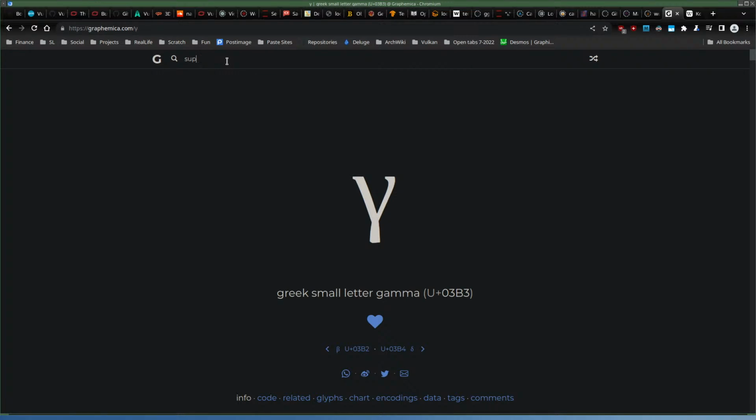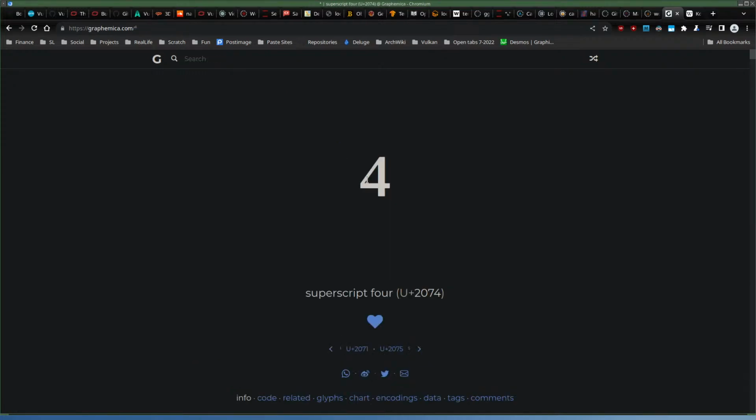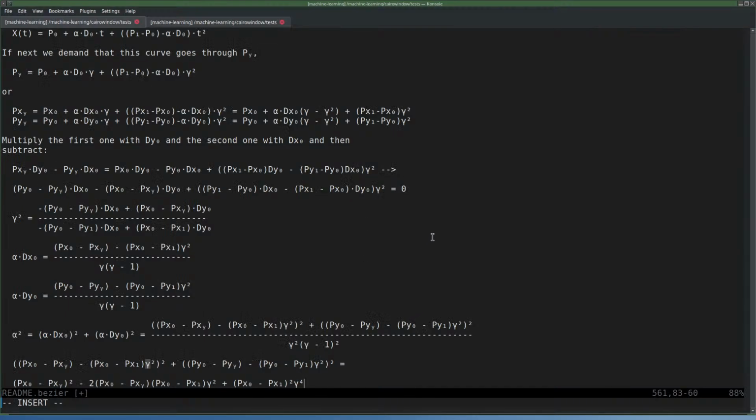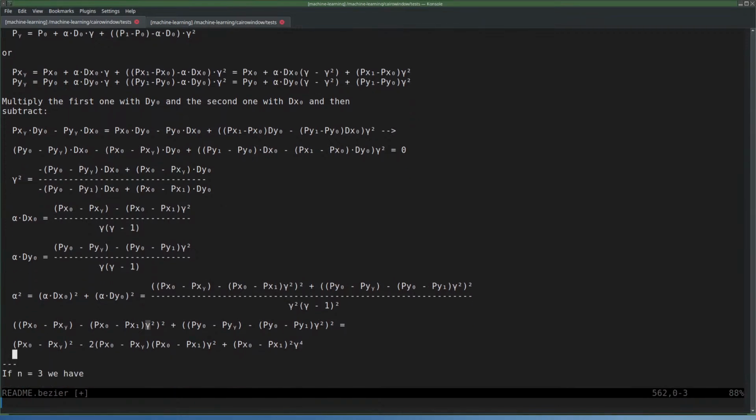Superscripts, I mean. This is correct. So the thing squared plus 2 plus that squared. Yep, totally looks okay.